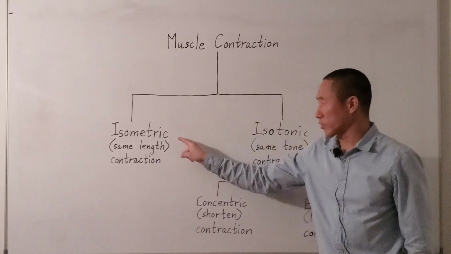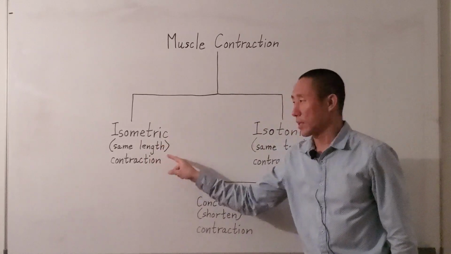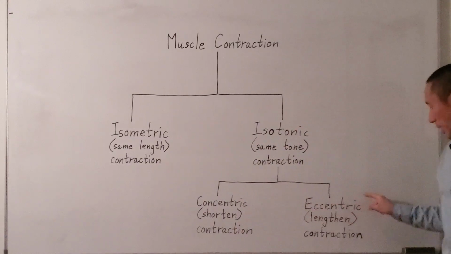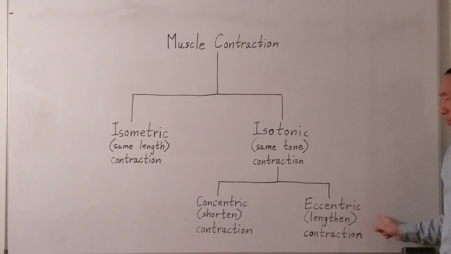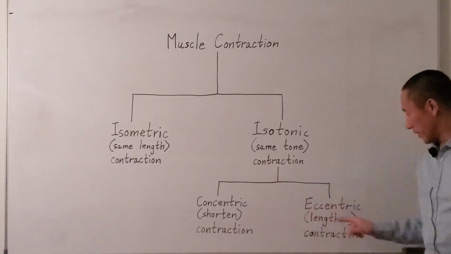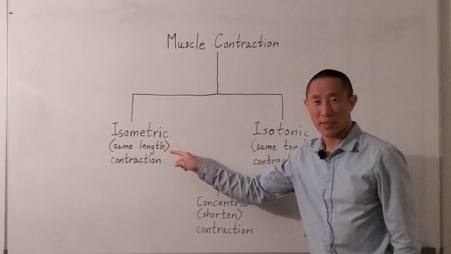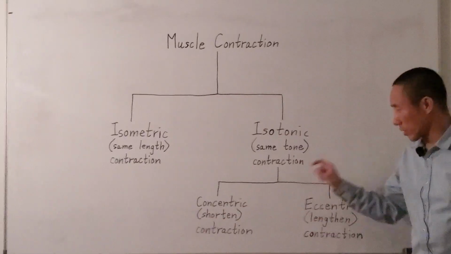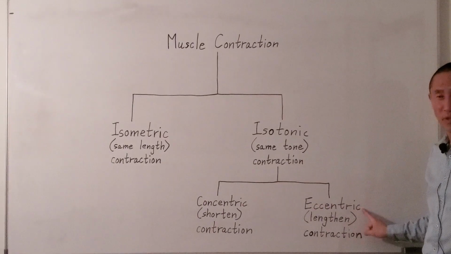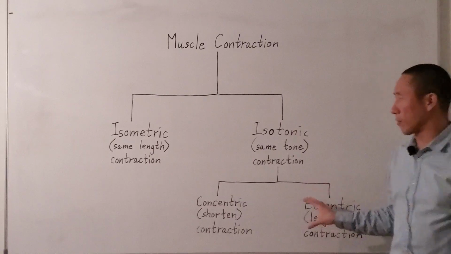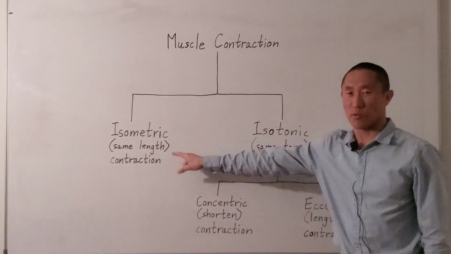Because the word isometric says same length. And over here we have concentric means shorten, eccentric means lengthen. Shortening and lengthening cannot be staying the same length. So that's why concentric contraction and eccentric contraction are automatically excluded from isometric contraction.